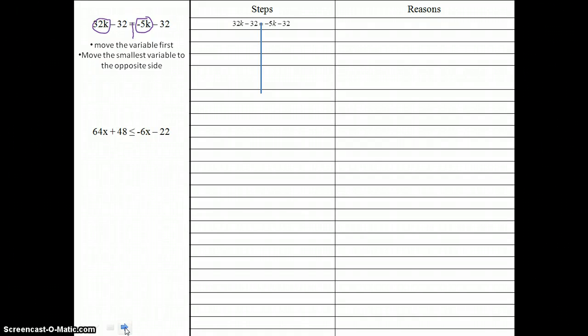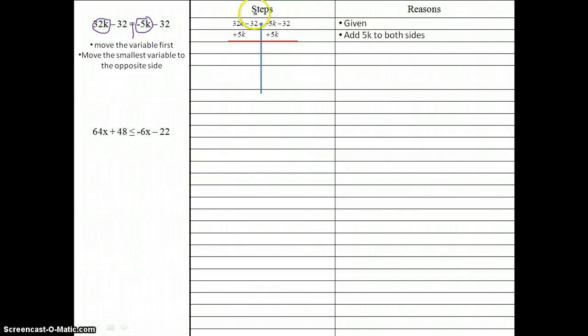Okay, so remember the reason for our first step is because it's given to us. Now, the way we're going to move negative 5k is by doing the opposite. Okay, so it's a negative 5k, so we're going to make it a positive 5k. So we're going to add 5k to both sides.